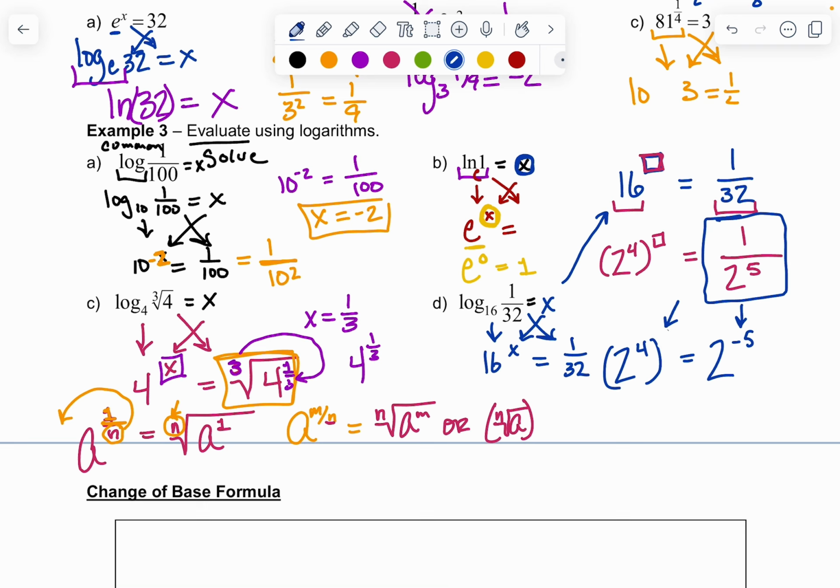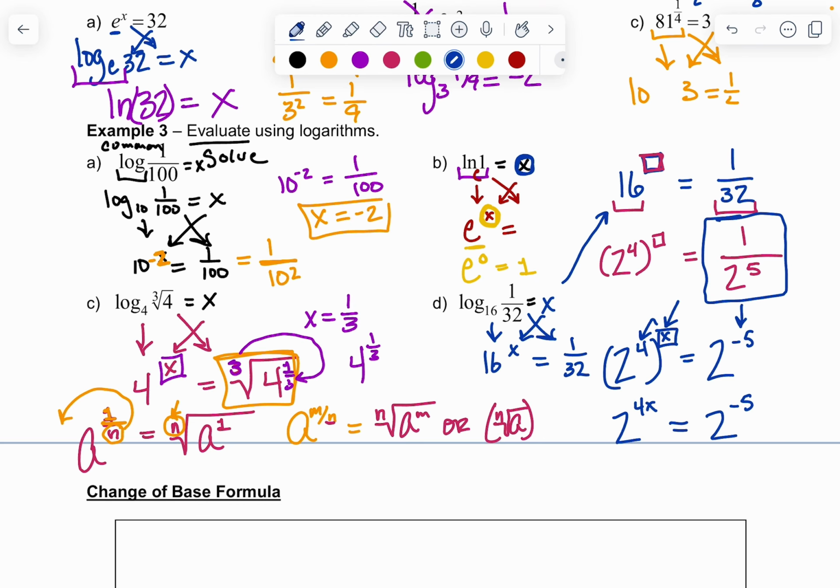Knowing my exponent rules, I know that a power to a power multiplies. So 2 times 4, whatever this unknown is, let's just say it's an x, is going to equal 2 to the negative 5th. Still following with me?